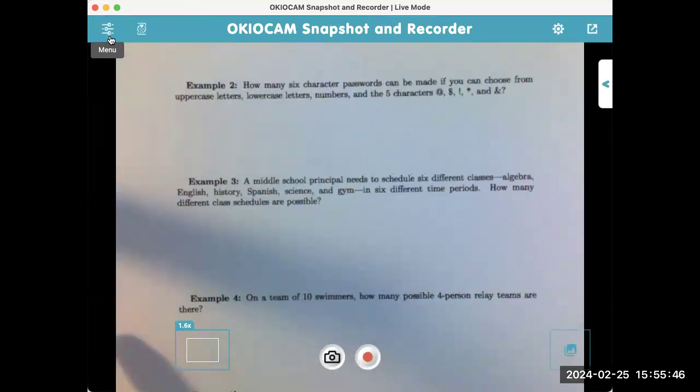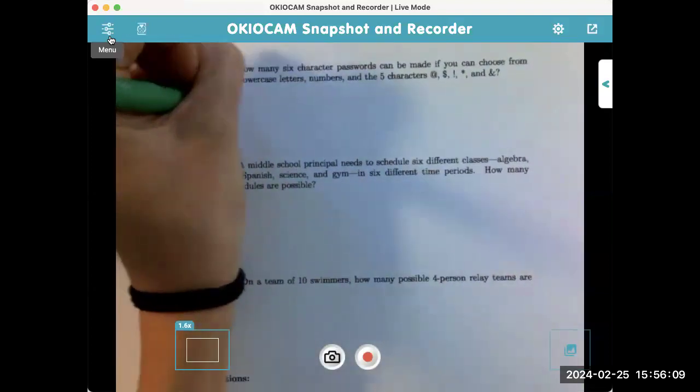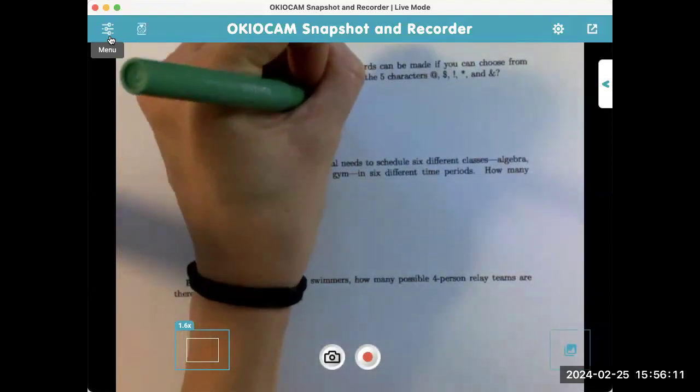All right. So here again with passwords. How many 6-character passwords can be made if you can choose from uppercase, lowercase, numbers, and the 5 characters: the at sign, dollar, exclamation, asterisk, and the ampersand? Well, here we're using the multiplication principle because there are 6 letters: 1, 2, 3, 4, 5, 6.